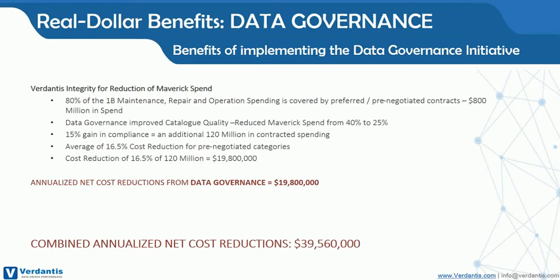If we add the other 40, we're at about 80 million in savings in our first 18 months. Against the 1 billion MRO spend, that is 8%. That is not a bad number.